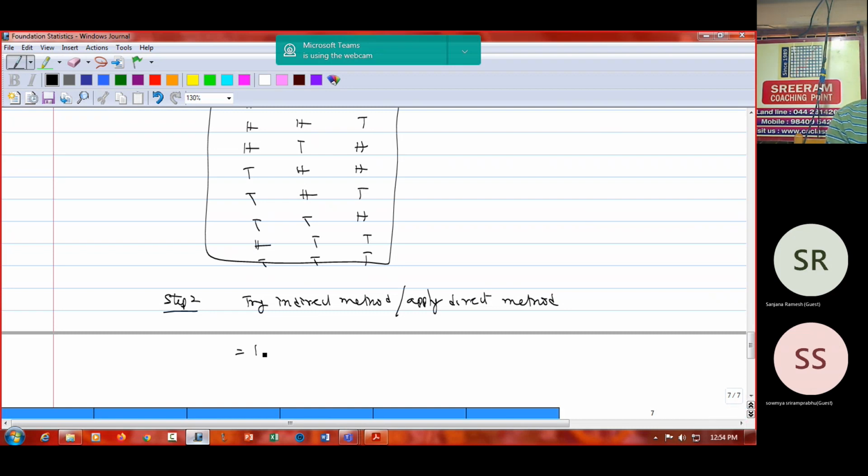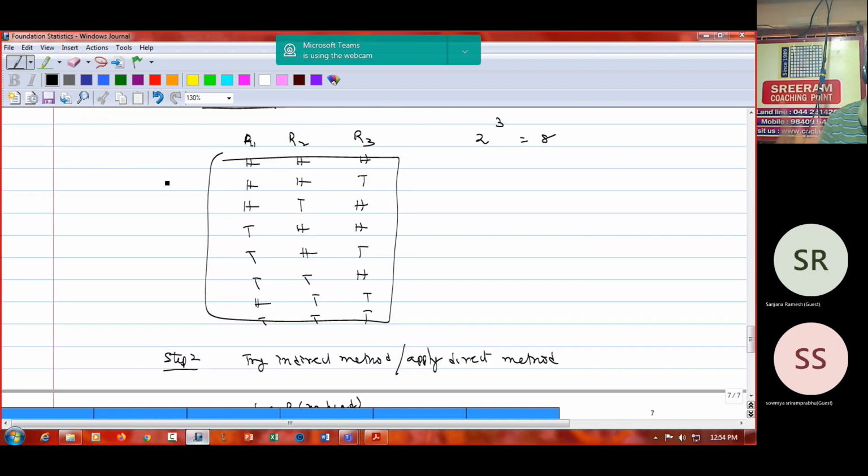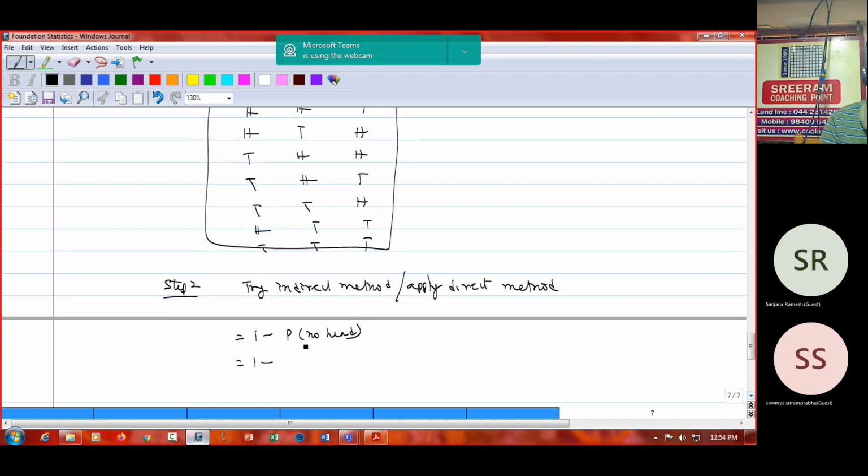So 1 minus the probability of no head. Can you visualize no head? All tails: 1 by 8. So therefore you put it as 7 by 8. Are you clear?